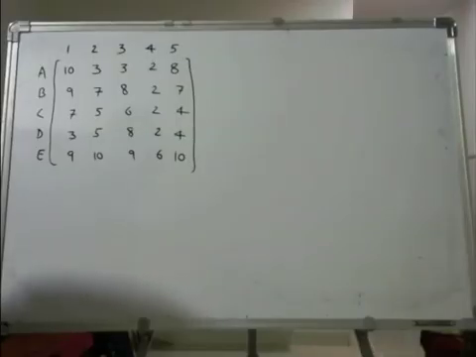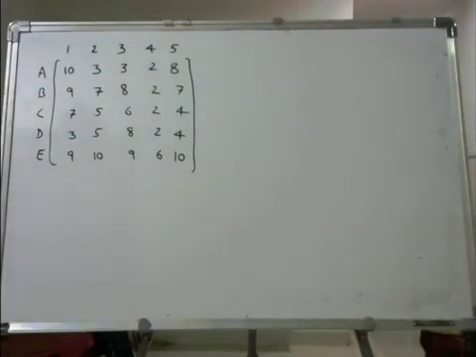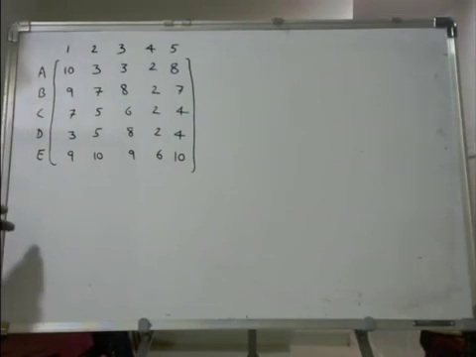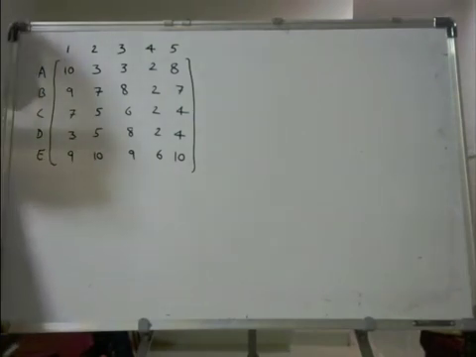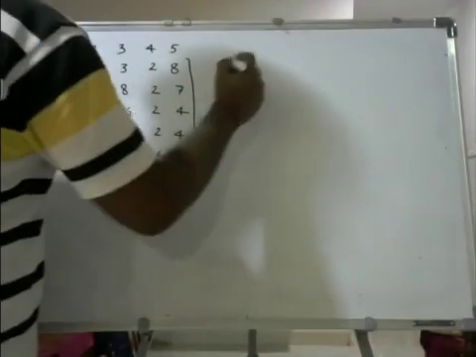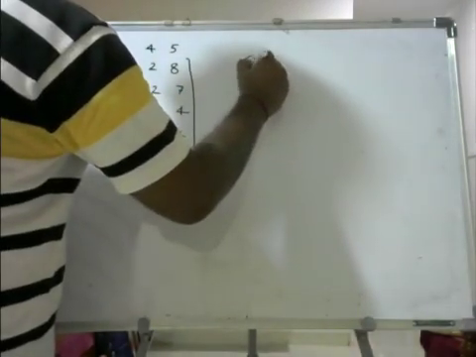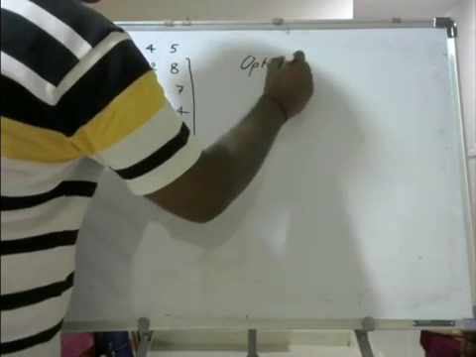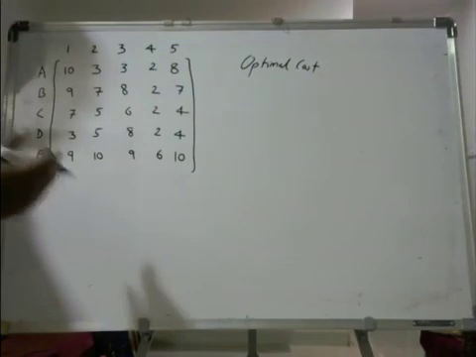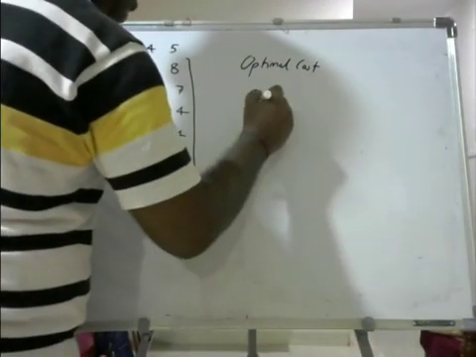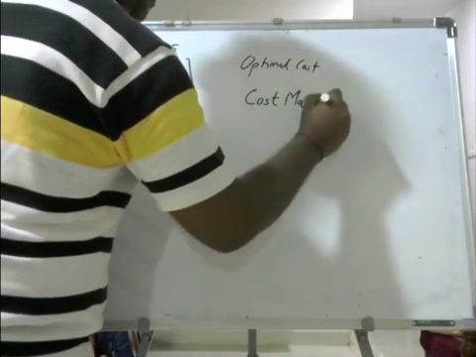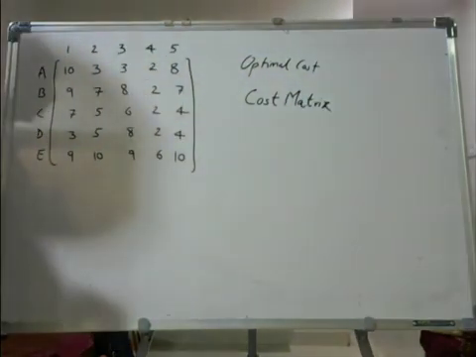Okay, now let us quickly come back and solve this problem. Basically, whenever they ask you to find the optimal cost, if they are asking you for the cost, then it is a cost matrix.